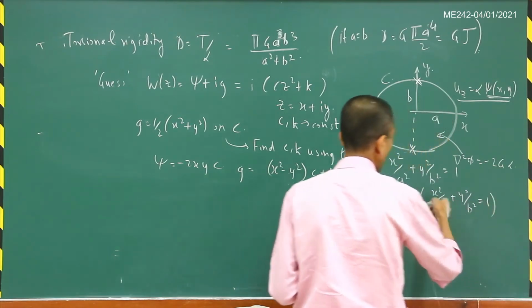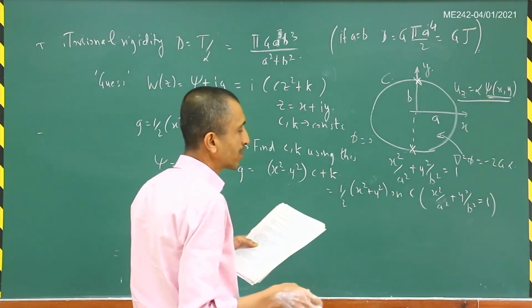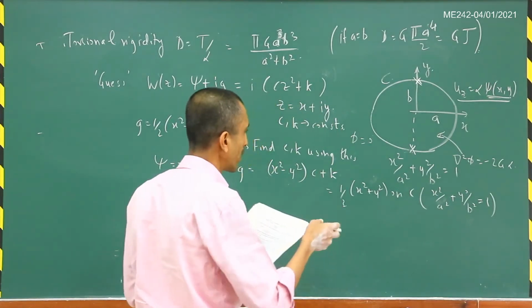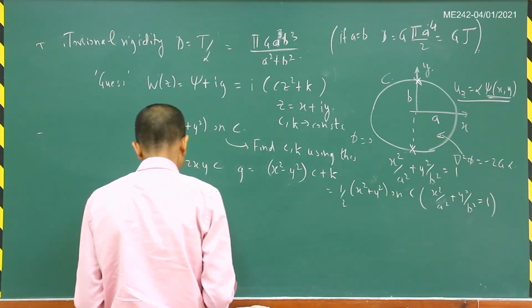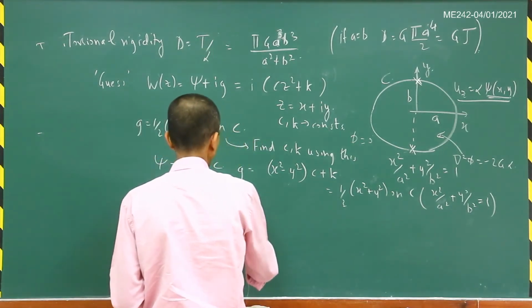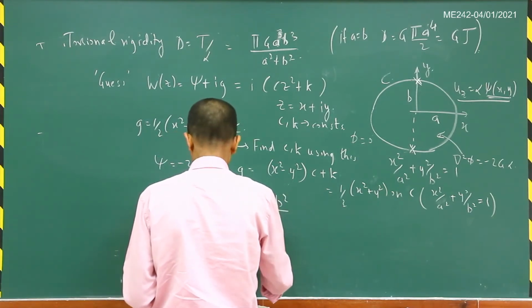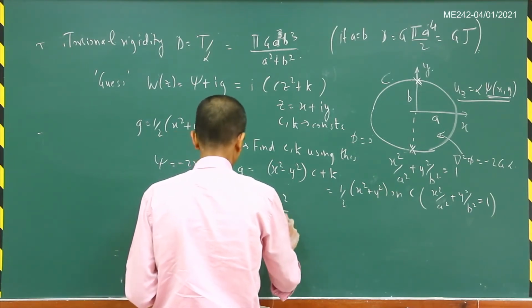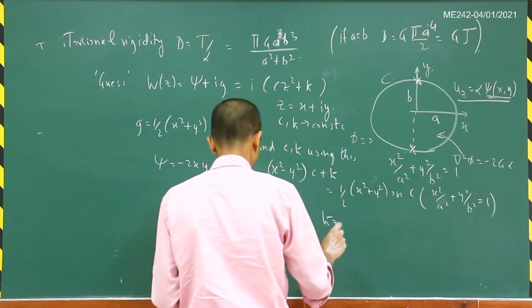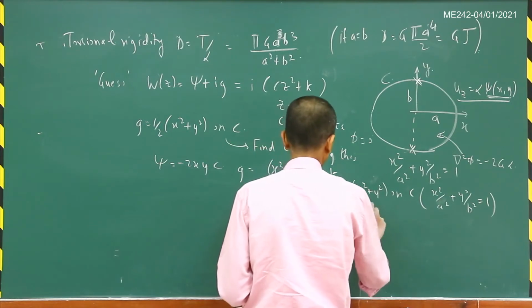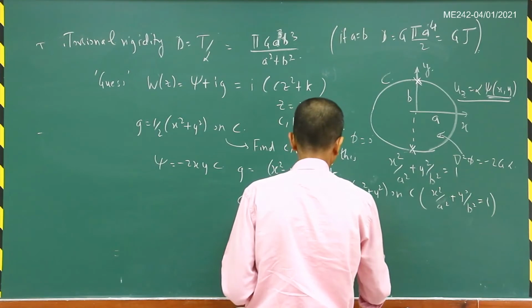So you need to substitute x square is equal to 1 minus y square by b square, the whole thing into a square, and then you can find the constants. The constants will turn out to be c is equal to a square minus b square divided by 2 times a square plus b square, and k is equal to a square b square divided by a square plus b square.